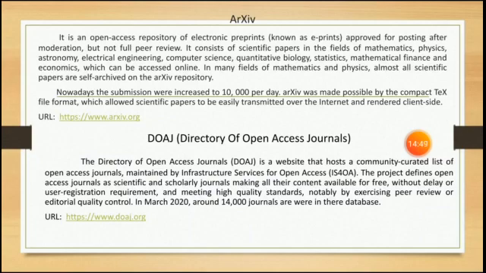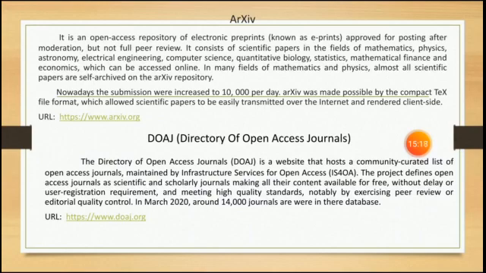Then we have the Directory of Open Access Journals, which is a website that hosts a community-curated list of open access journals. The project defines open access journals as scientific and scholarly journals making all their content available for free without delay or user registration requirement, and meeting high quality standards, notably by exercising peer review or editorial quality control.